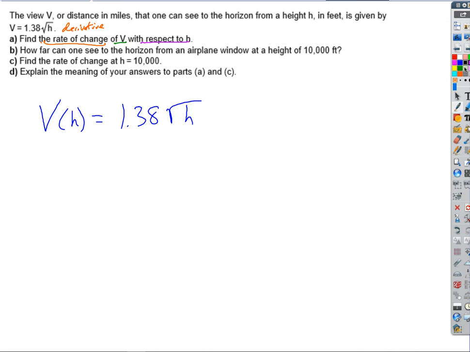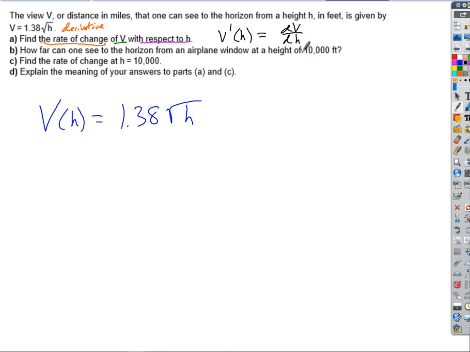Put all that together, and that's just v prime of h, right? Or another way of saying that, if I want to use a different notation, dv/dh. Either way, they mean exactly the same thing.